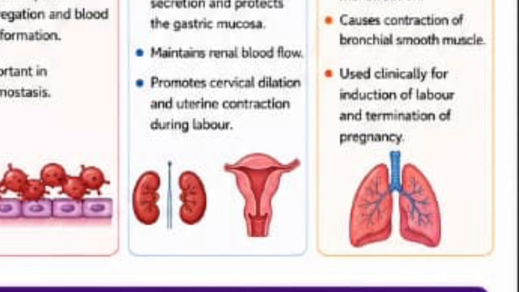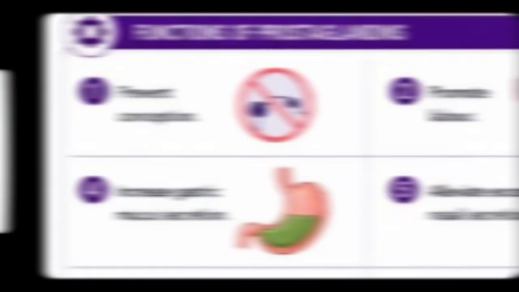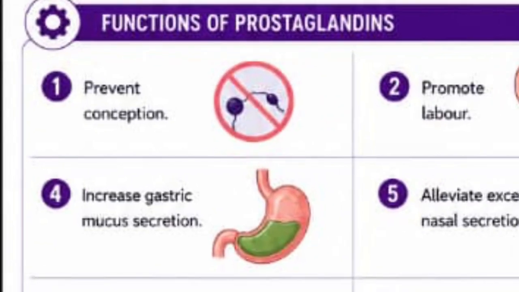So what is the general function of prostaglandin? Number one, prevent conception. So it helps to terminate pregnancy. It doesn't want you to form a baby. Why? Because when you increase prostaglandin, what will happen? Prostaglandin will increase progesterone.